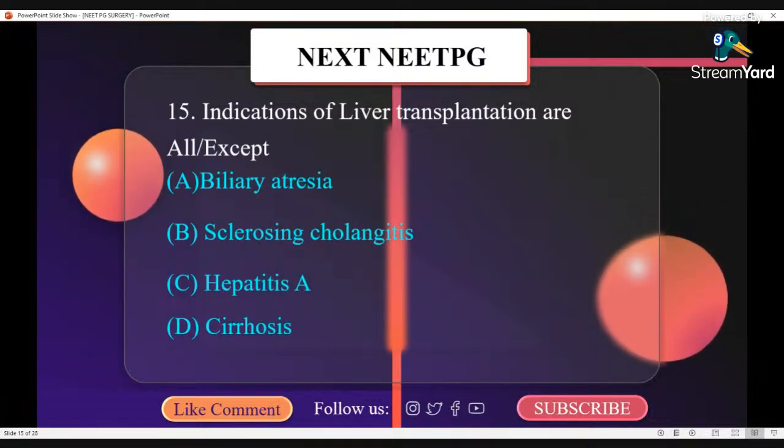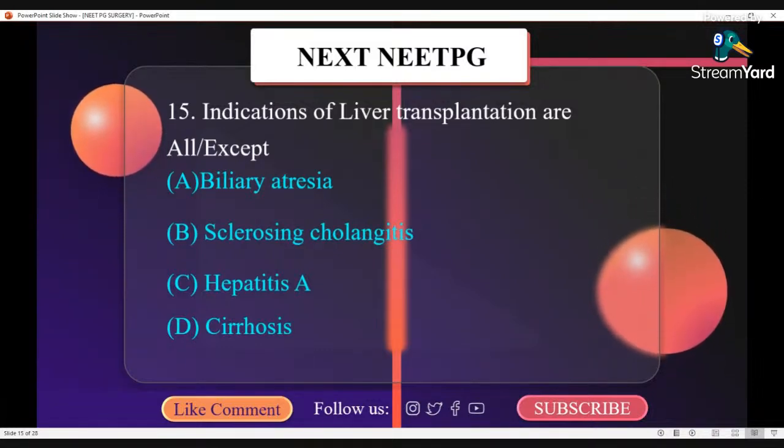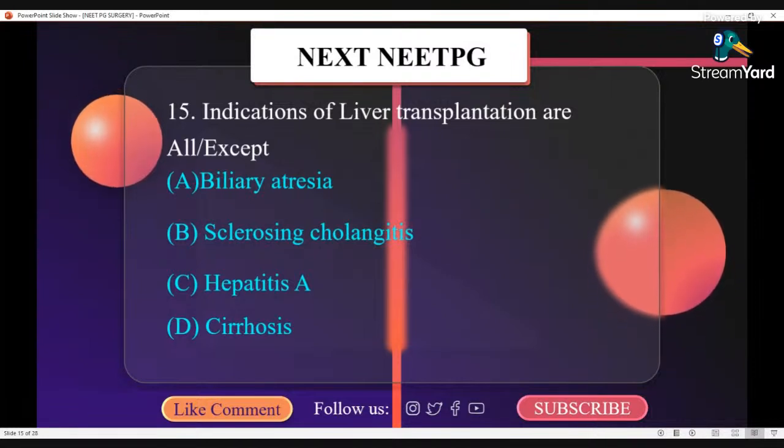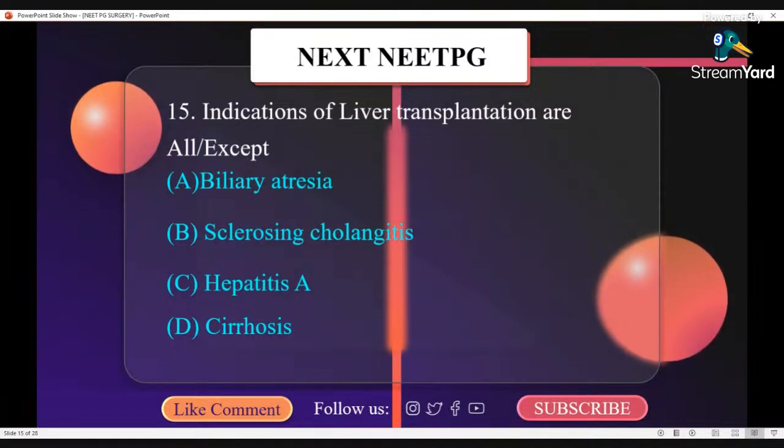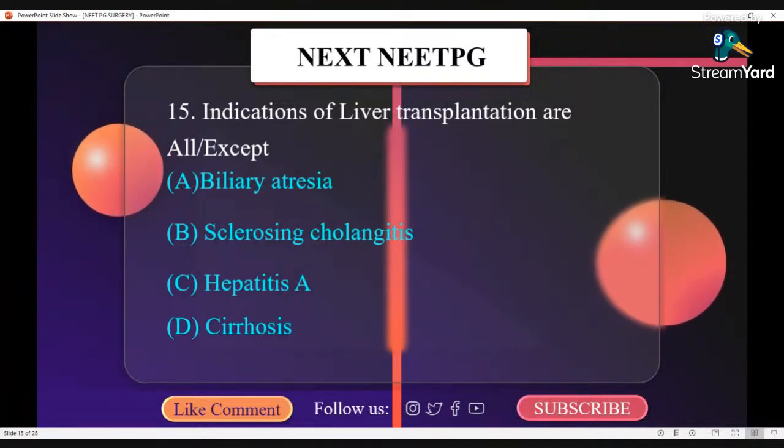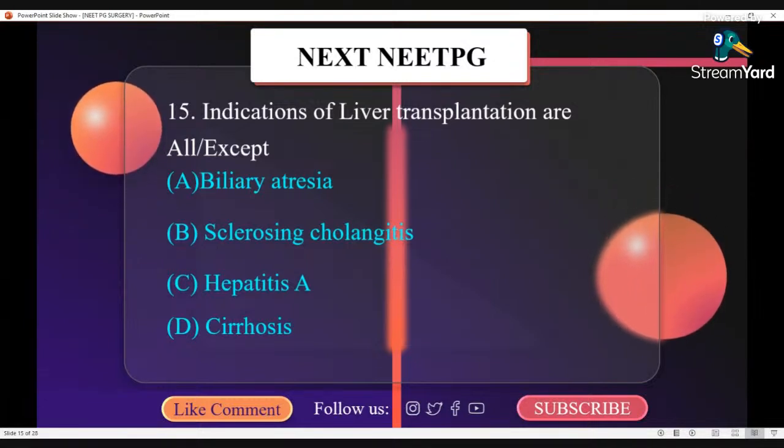In adults, chronic hepatitis C and alcoholic liver disease are the most common indications for liver transplantation. So the correct option here is C, hepatitis A. Liver transplantation is done in biliary atresia, sclerosing cholangitis, and cirrhosis. It is not done in hepatitis A.